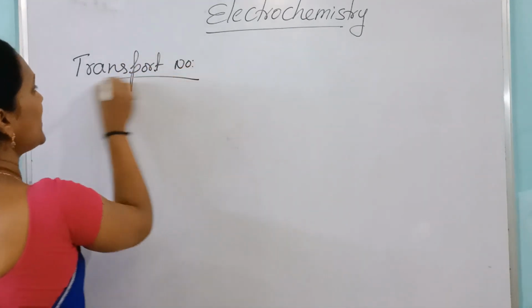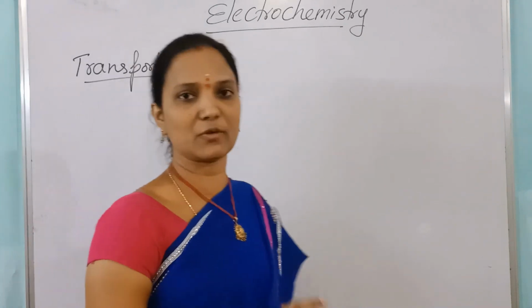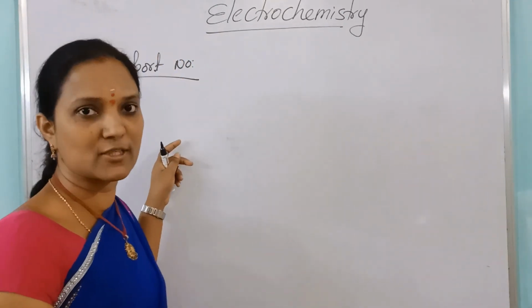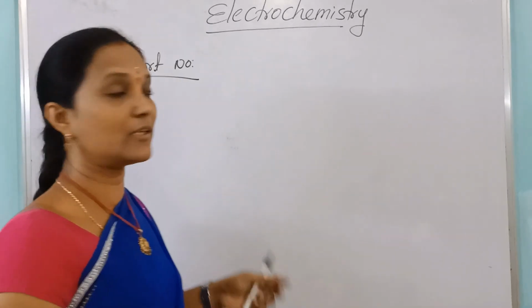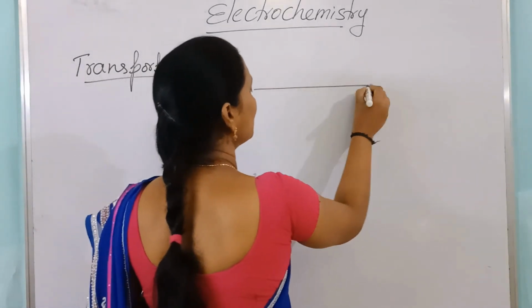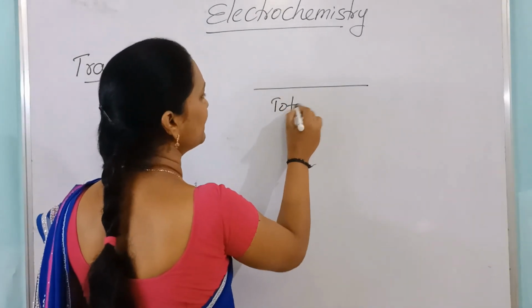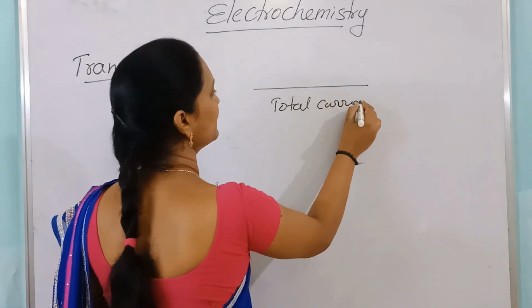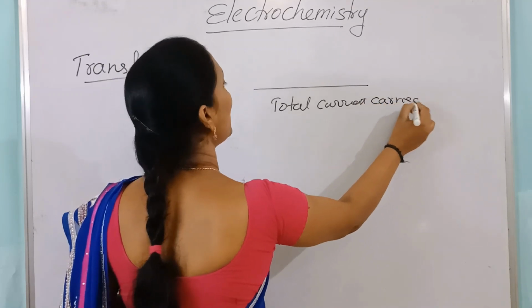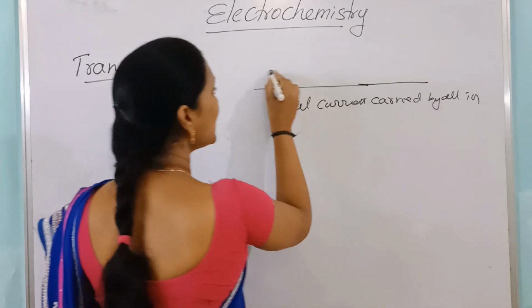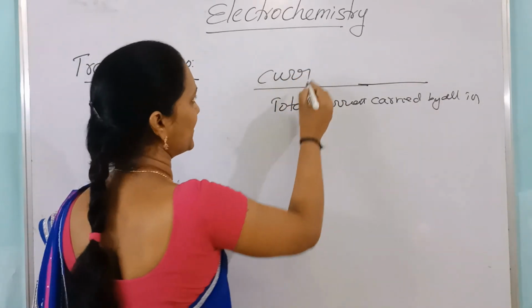What is this transport number? In electrolytes, in an electrolytic solution, the flow of current is because of the movement of ions. So here we take the total current carried by all the ions and the current carried by a given ion.